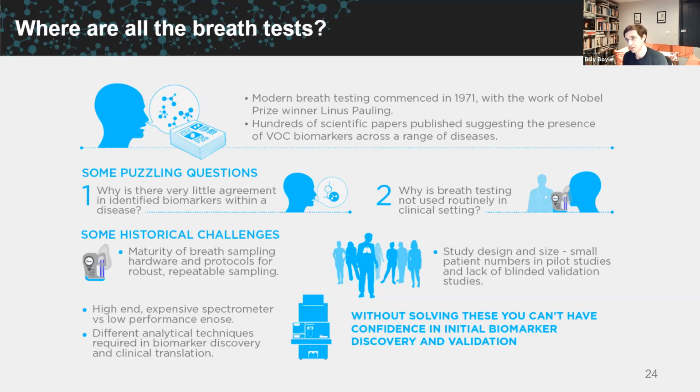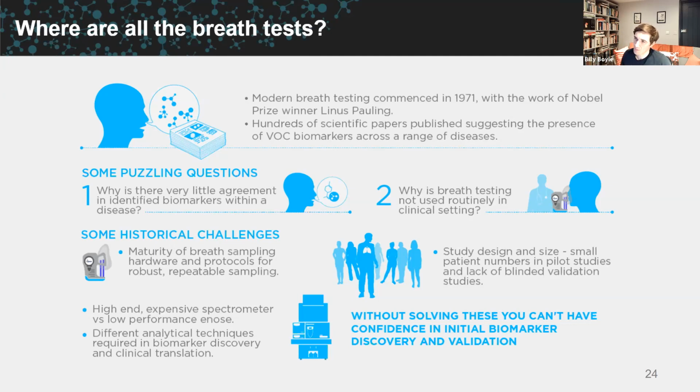One of the other things that we saw was that quite often you would have quite small scale clinical trials or pilot studies where chemicals of cancer or other diseases were identified, but they weren't validated in big independent test sets. And you need to do that to prove whether or not there's actually utility in some of these compounds which are being identified.